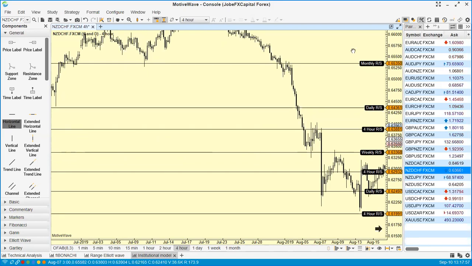Remember, I said this is a support because we are expecting the price to get support here and then go up. If it breaks it, it no longer becomes a support, it becomes a resistance. Now the support becomes a resistance because the price has gone through it. Now it's found resistance here. It cannot go beyond this resistance line. You understand?